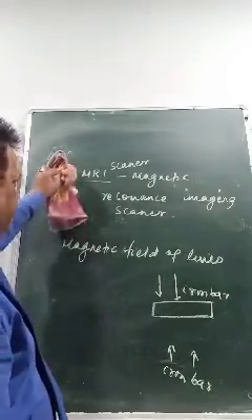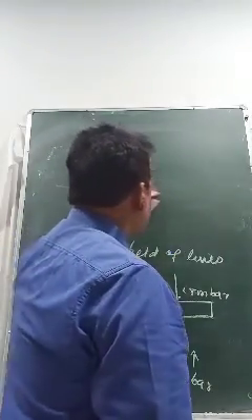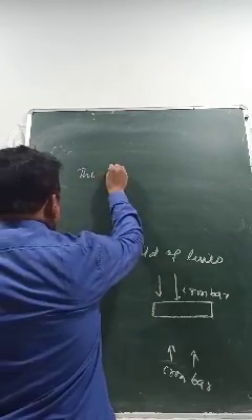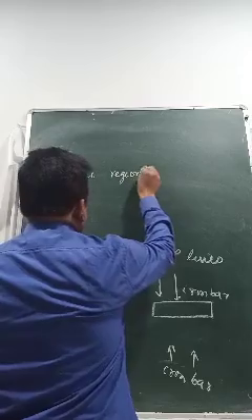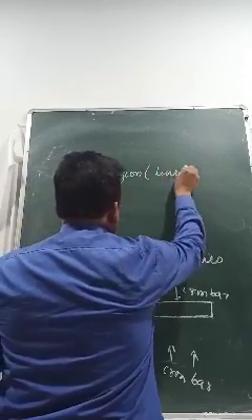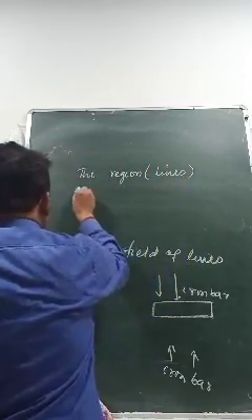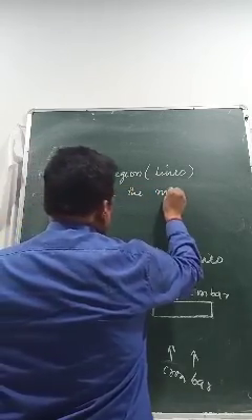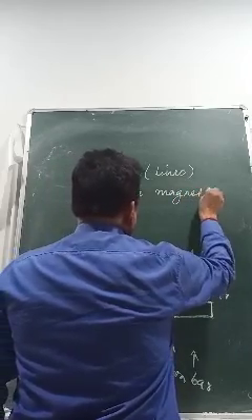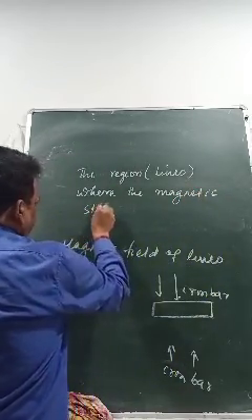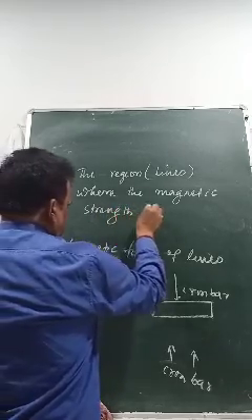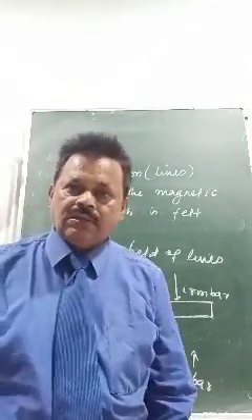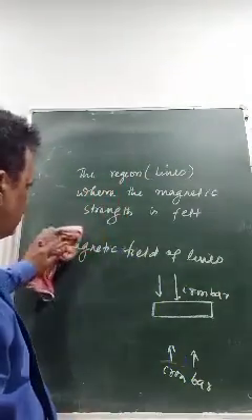You can see here the lines or the region where the magnetic strength is felt. Okay, so what does it mean? Try to understand.